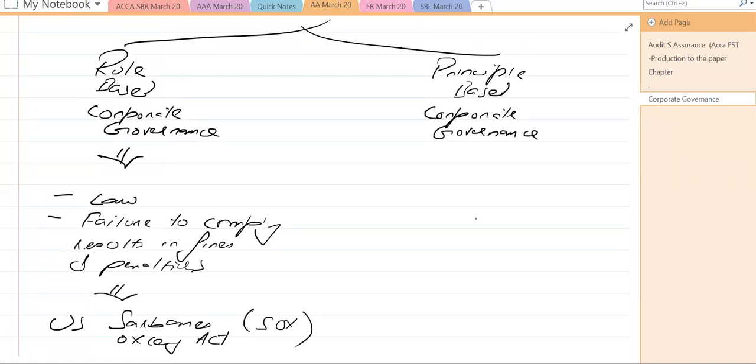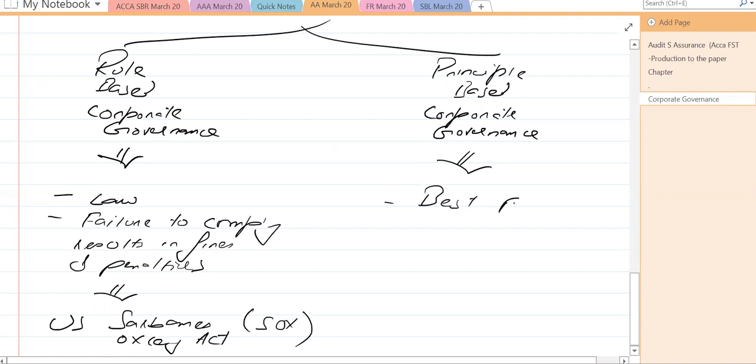Similarly, there is a section that if the directors have taken a bonus based on profits and later it proved that the profits were manipulated to take the bonuses, they have to return the extra bonus which they have got. Sections like this, it's a law. It gives protection to the whistleblowers, etc. The principle-based approach is not the law, but it's the best practice.